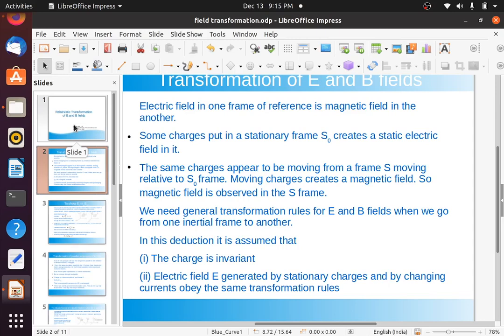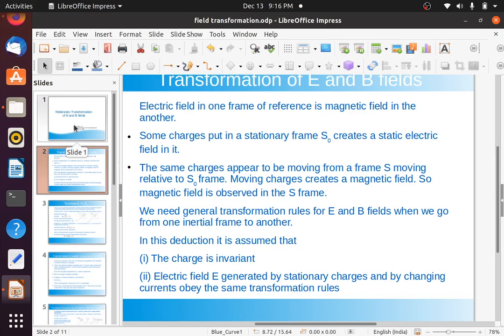So we have got the result. Here we have seen that the electric field and magnetic field are just manifestations depending on the nature of the observer, or depending on the motion of the observer.